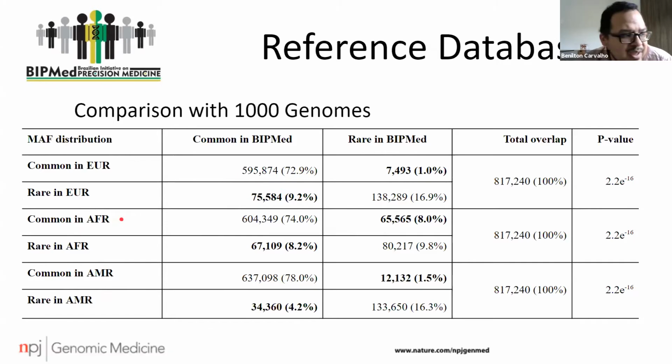So what we have here, for example, for African populations is that for the common markers in that set of subjects, we would have about 65,000 of these markers being called rare in subjects that we have here in Campinas.